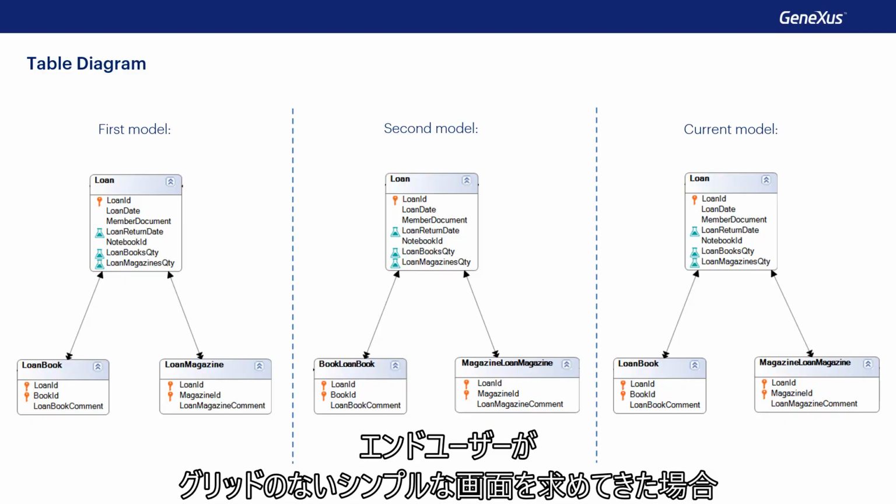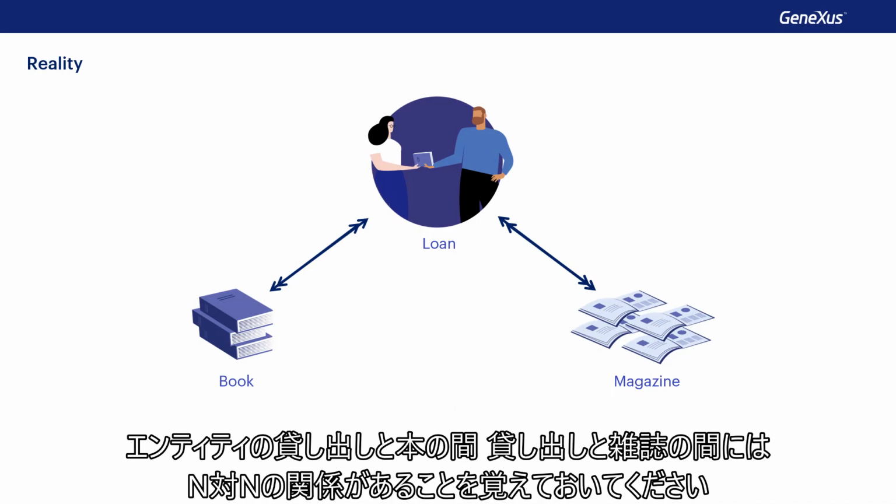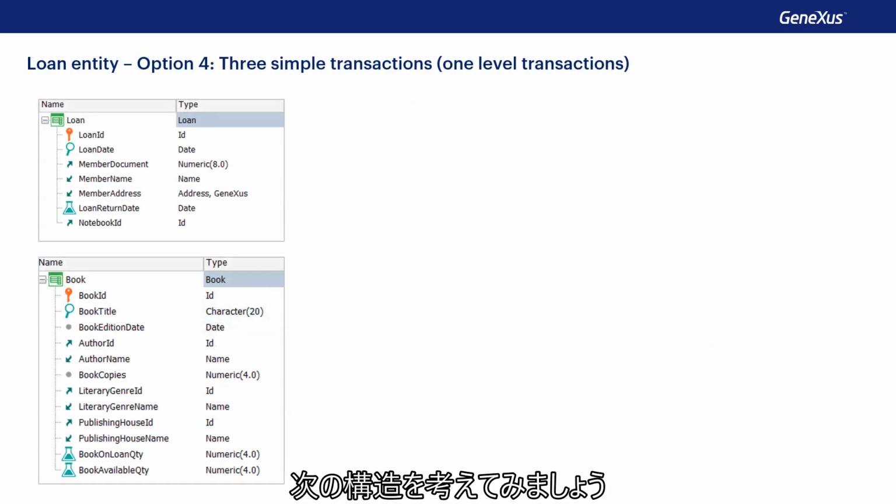If the end user requests simple screens without grids, what can we offer? Remember that there is an end-to-end relationship between the entities loan and book, and also between loan and magazine. We will analyze it for loan and book, and it will be analogous for loan and magazine. Let's consider the following structures.